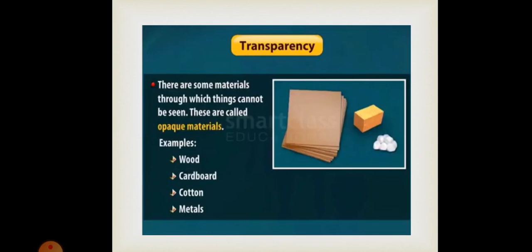There are some materials through which things cannot be seen. These are called opaque materials. Example: wood, cardboard, cotton, metals.